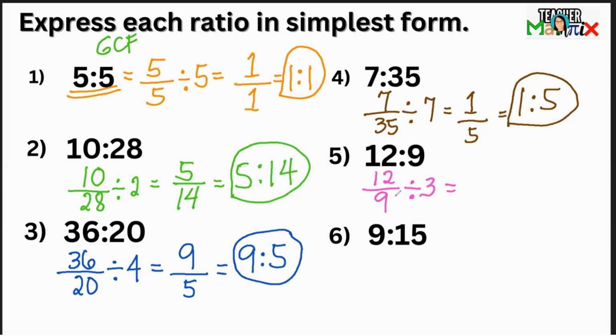Both are divisible by 3. So, 12 divided by 3, we have 4. And 9 divided by 3, we have 3. So, parehas lang yan sa 4:3. Yan yung final answer natin for number 5.